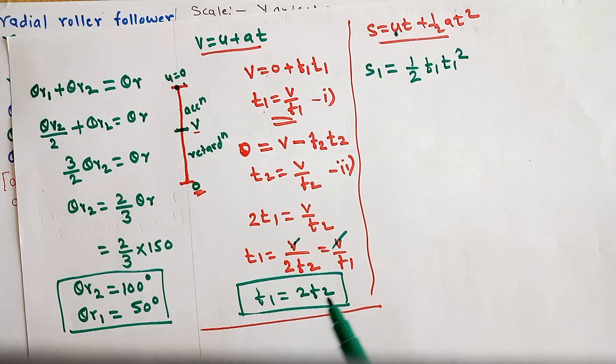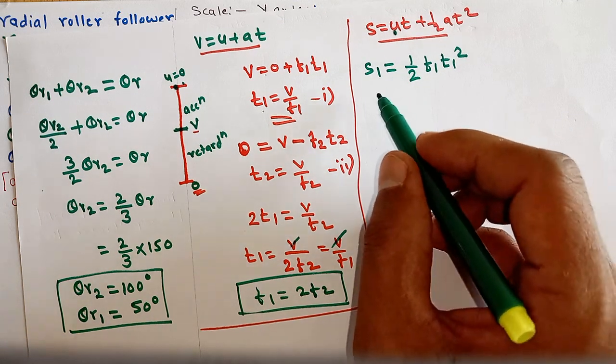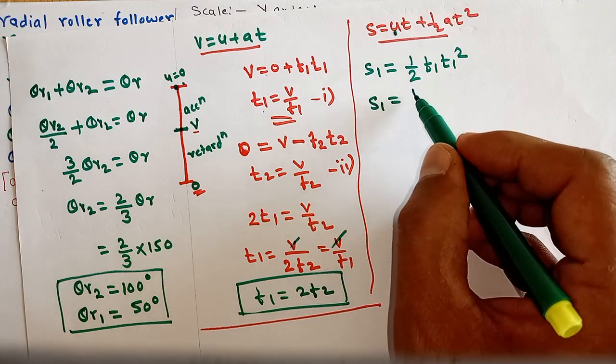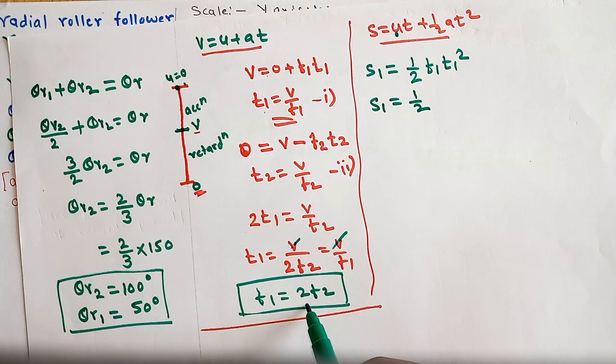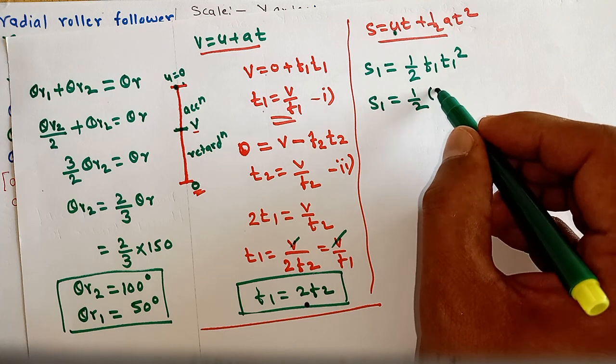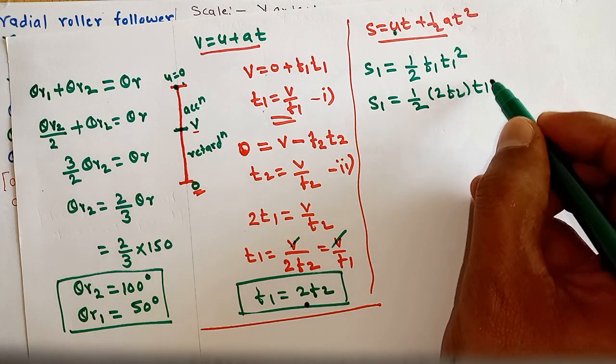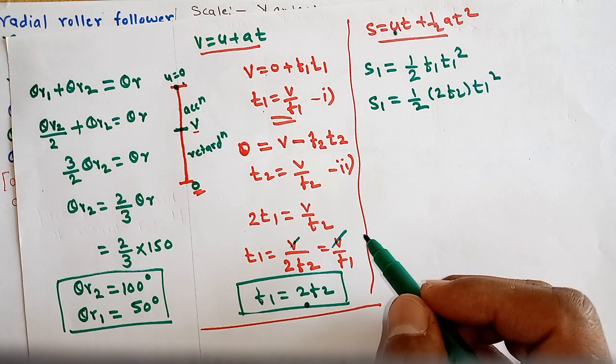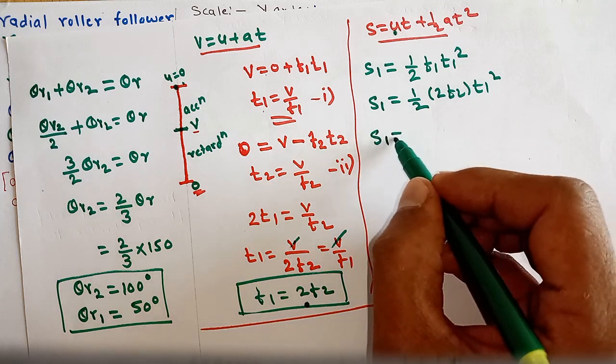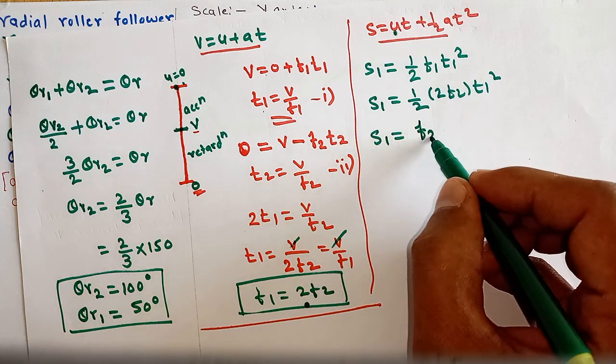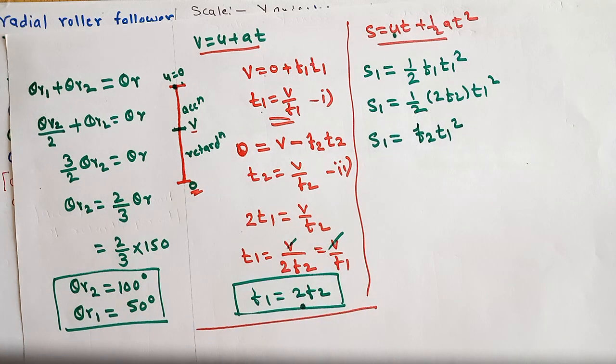Now we have F1 equals twice F2, so we'll substitute: S1 is equal to half into twice F2 T1 square. So S1 is equal to F2 T1 square.